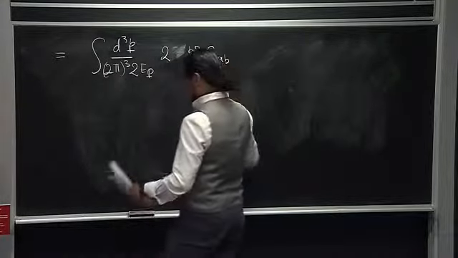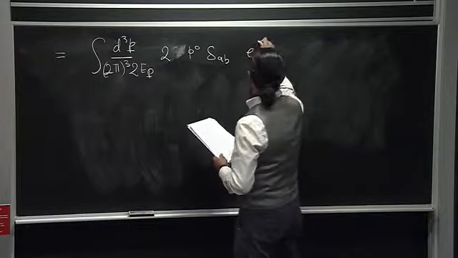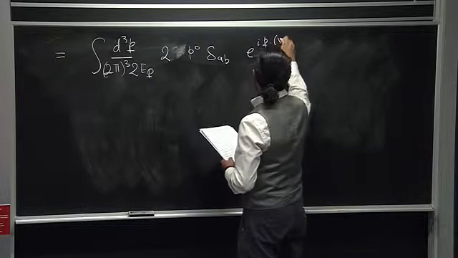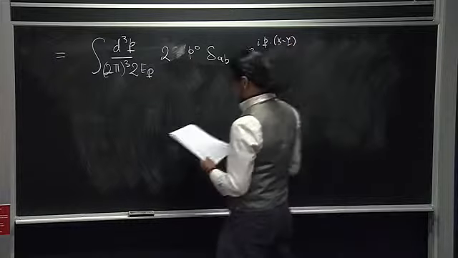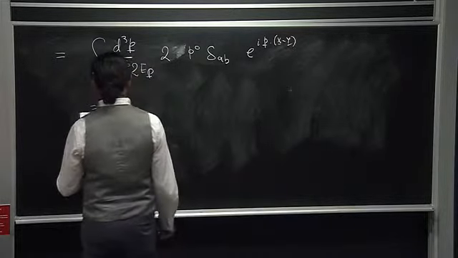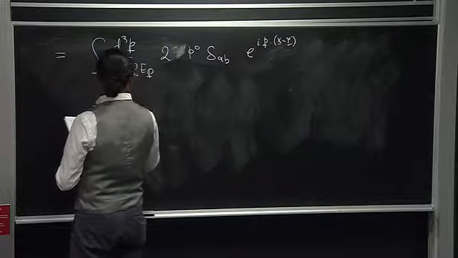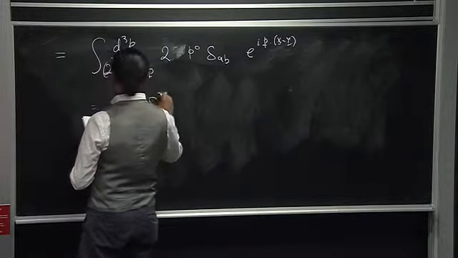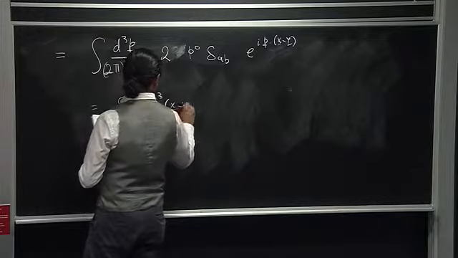So we have delta AB as a result. So we have i p·(x minus y). Now we can do the momentum integral, and then we have delta AB delta cubed (x minus y).